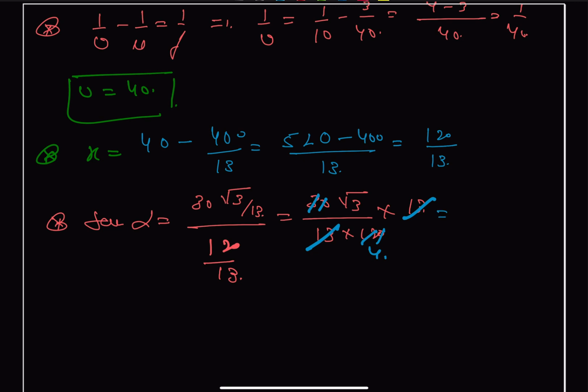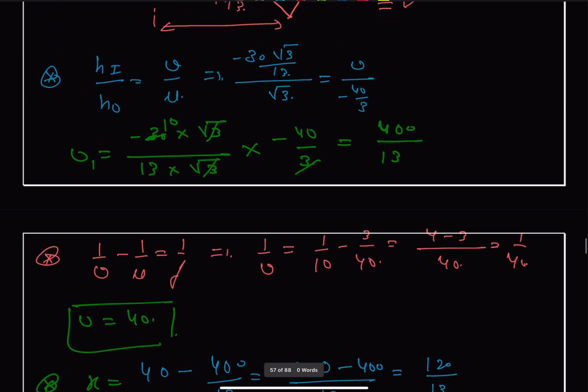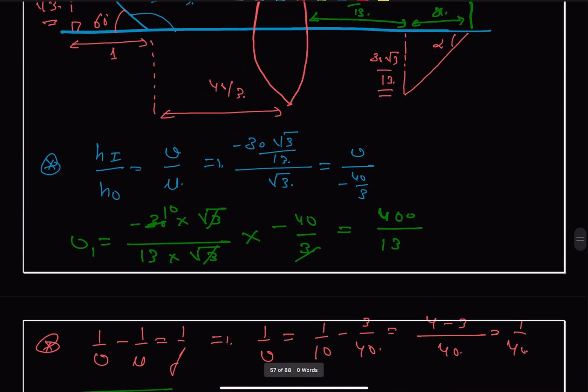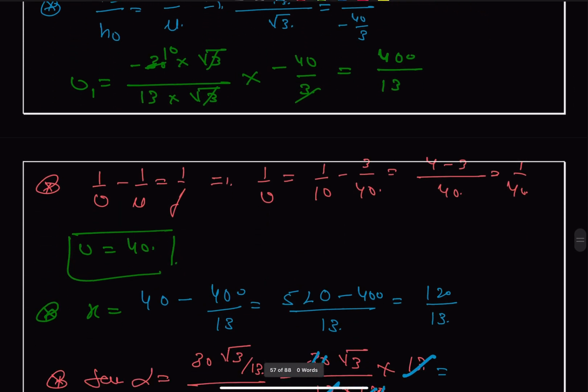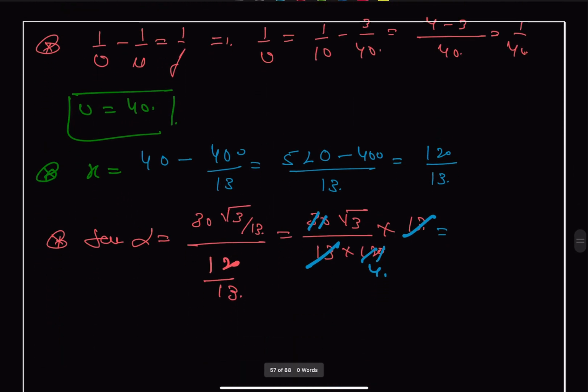I think there is some problem in the data because alpha is pi upon n. So let me recheck.